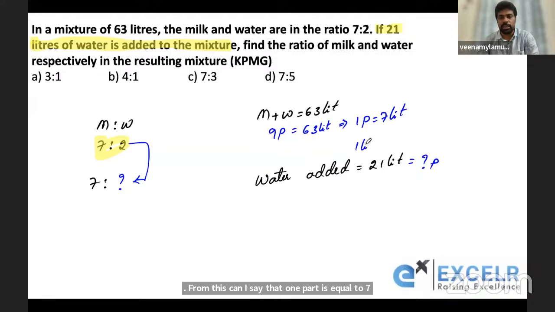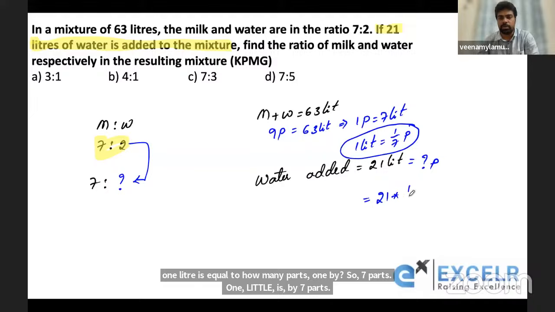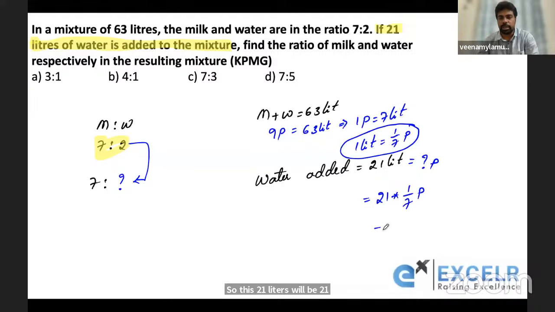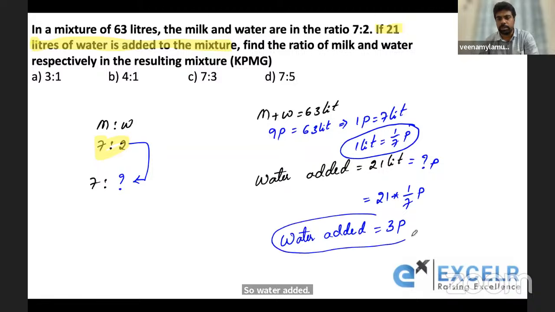So 1 liter is equal to how many parts? 1 by 7 parts. So this 21 liters will be 21 into 1 by 7 parts, that is equal to 3 parts. So water added is 3 parts.